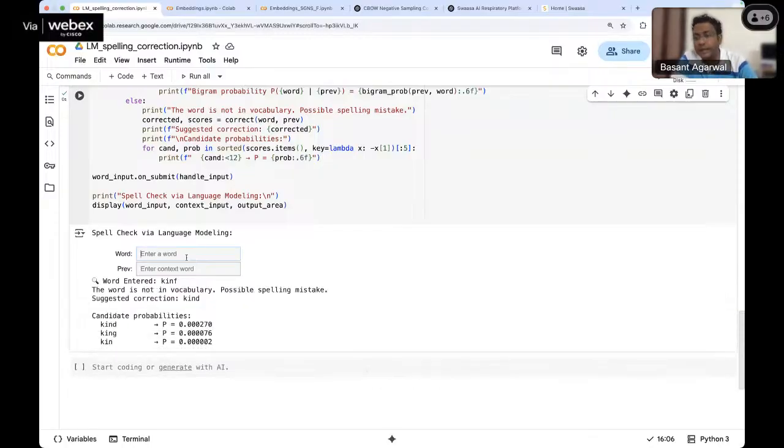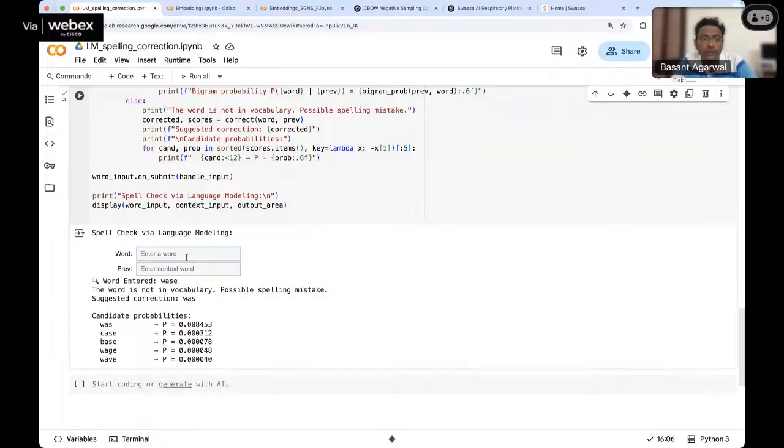So if I write KINF, where I made a spelling mistake, it is suggesting kind to be the correct word, and king is also there, but kind has a higher probability. Okay. So it is more probable. Okay, you just try and see if it is working for you or not. Okay.